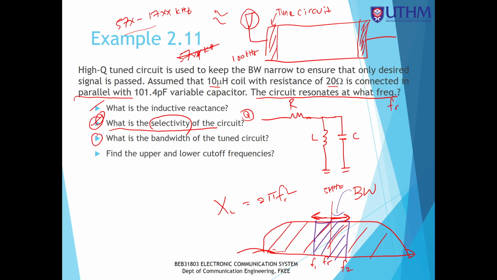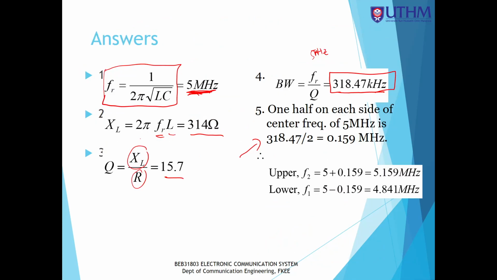So we do 5 plus half of the bandwidth, and also 5 minus half of the bandwidth, in order to get the upper and lower frequencies. When we divide the bandwidth by 2, we get 0.159 megahertz, half of the distance from the resonant frequency, the center.